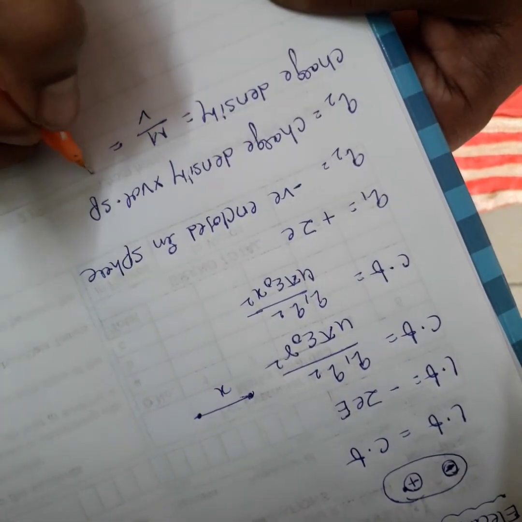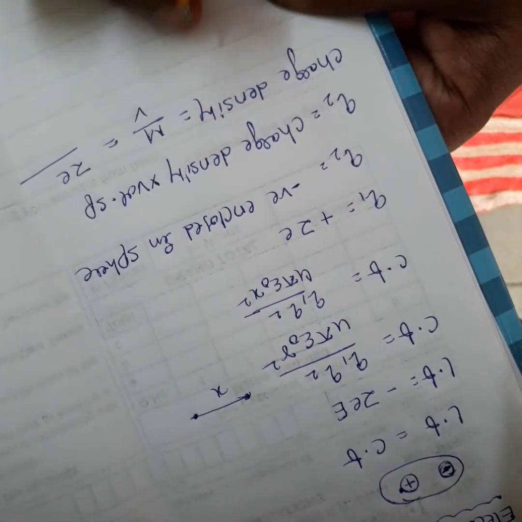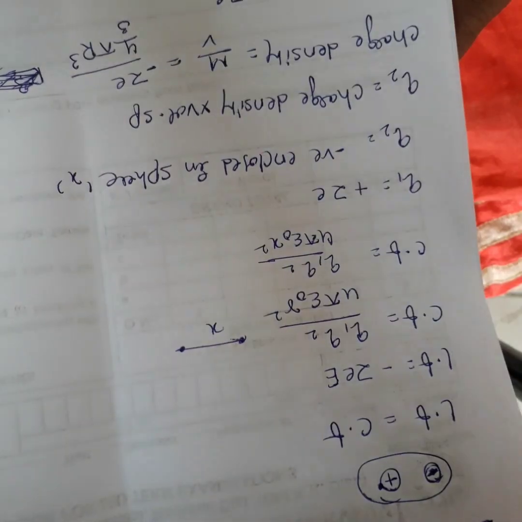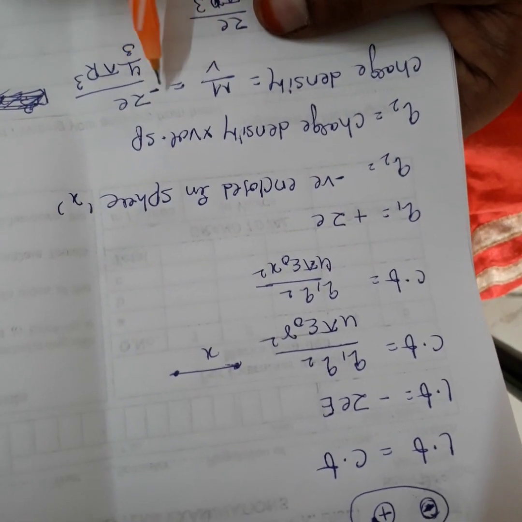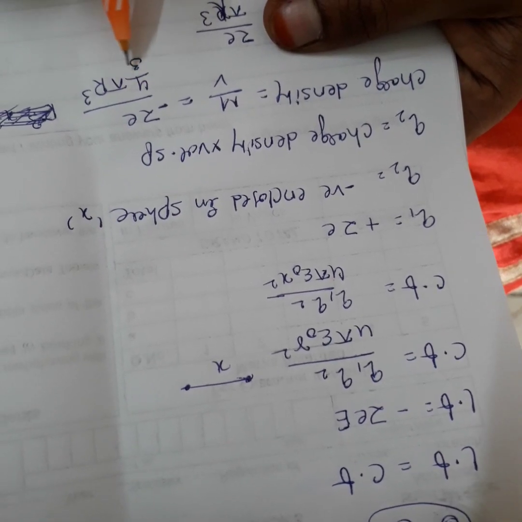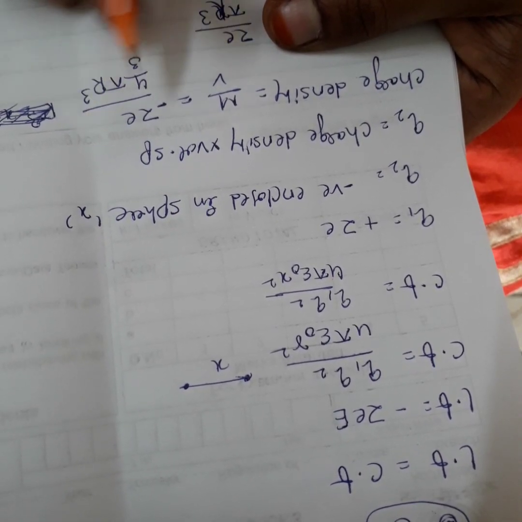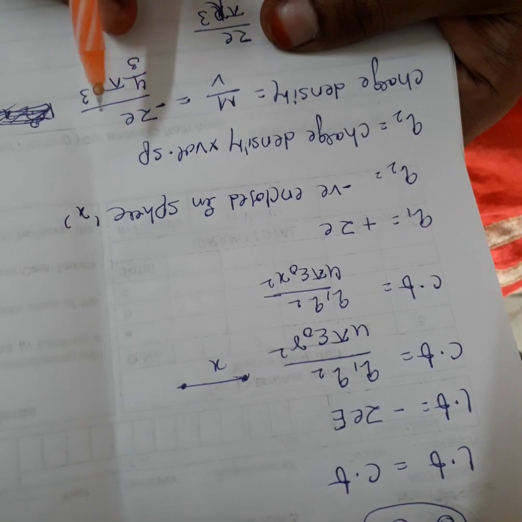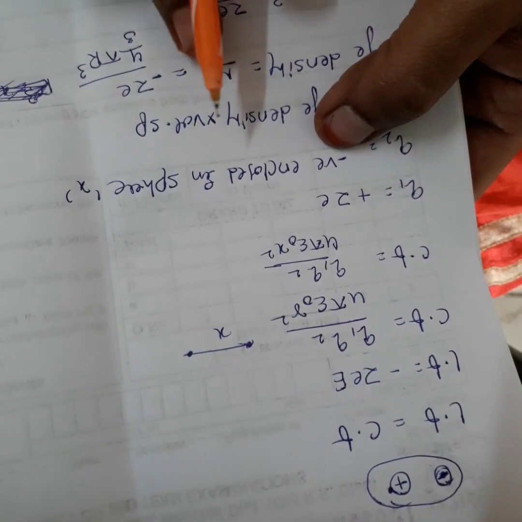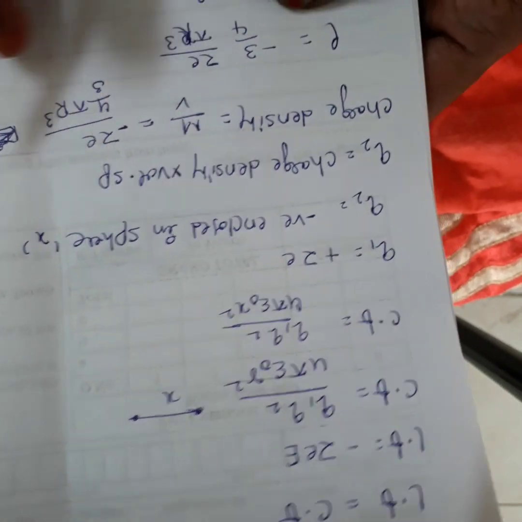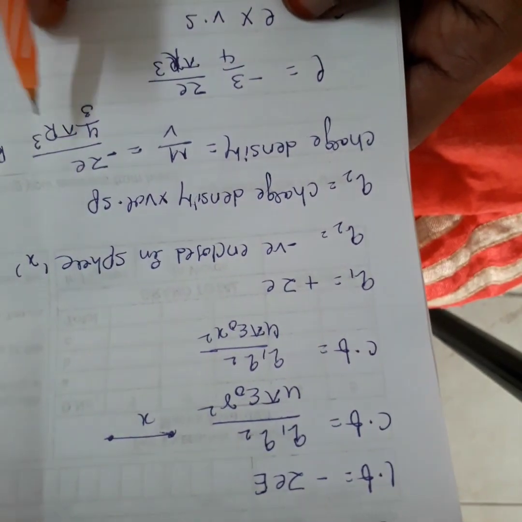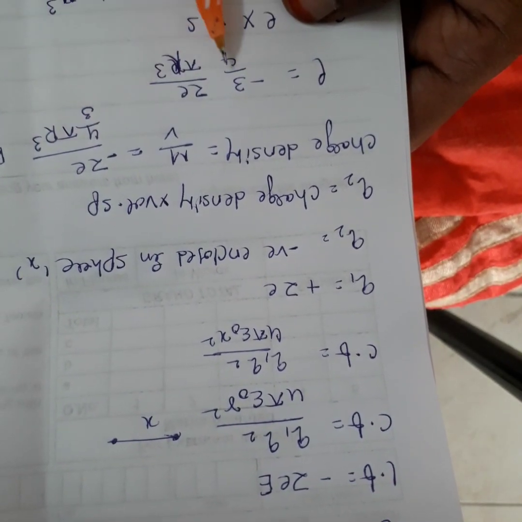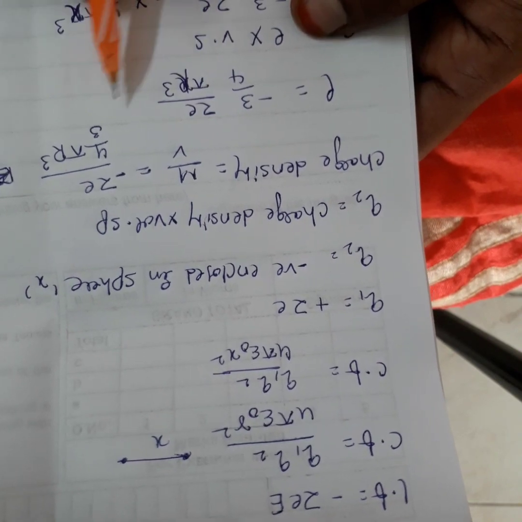Mass means the charge Ze, so minus Ze. Volume will be 4 by 3 pi r cube. Why we are taking minus is because this is the charge density for the negative charge. So if we take the denominator into the numerator, then it is minus 3 by 4 Ze by pi r cube.